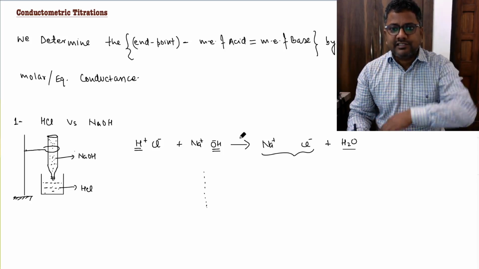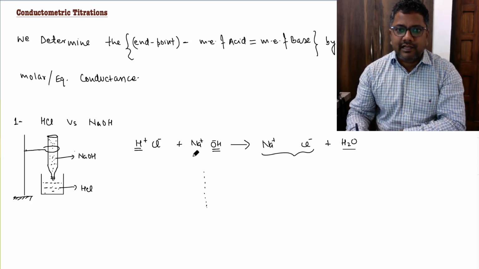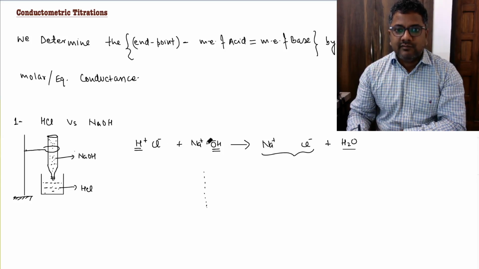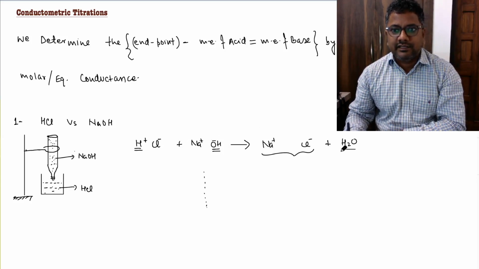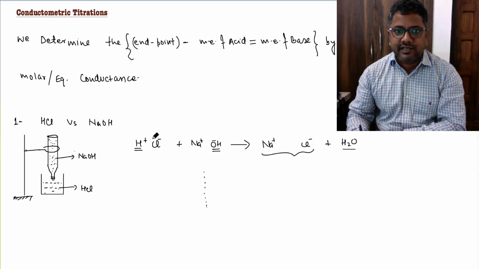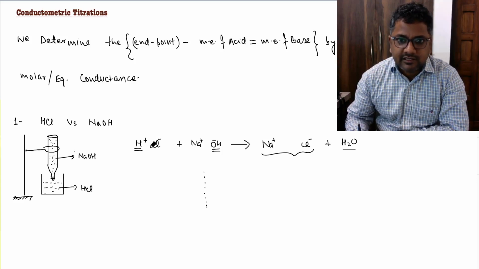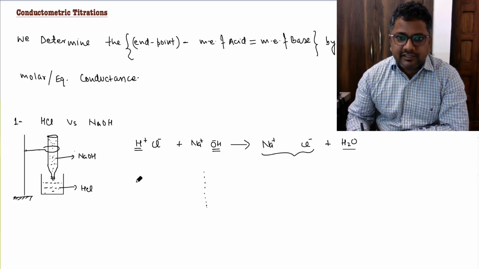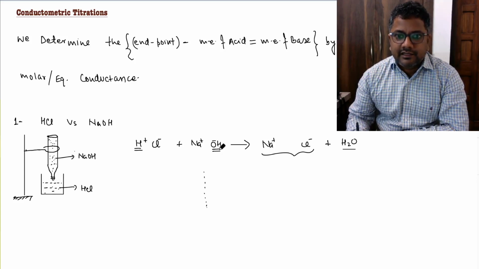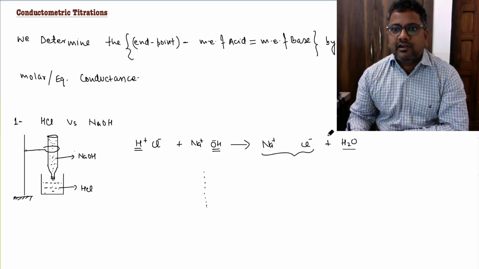Here H plus is moving out and Na plus is replacing H plus. And OH minus is also added. See the change in the state of this beaker, since we are measuring the molar conductance of this beaker. H plus is moving out, Na plus is coming, and whatever OH minus we add is immediately converted into water.